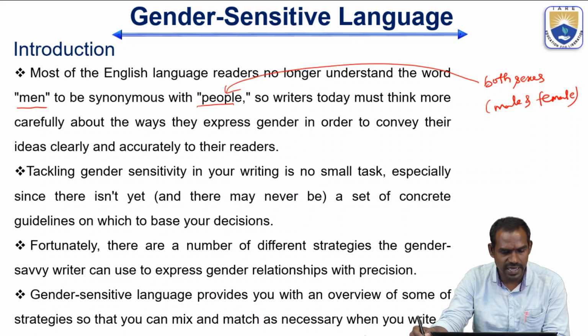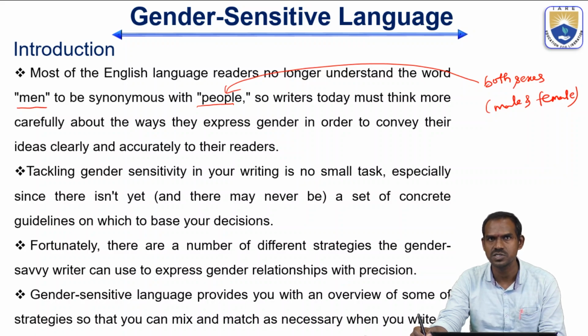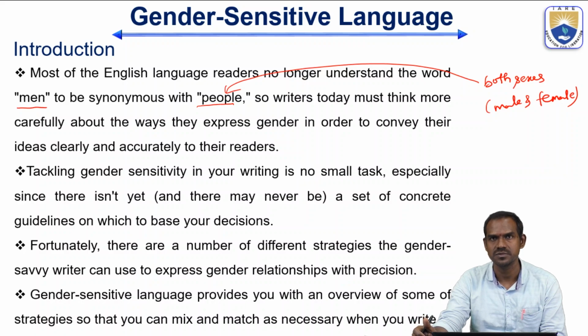Tackling gender sensitivity in your writing is no small task, especially since there is not yet, and there may never be, a set of concrete guidelines on which to base your decisions. Fortunately, there are a number of different strategies the gender savvy writer can use to express gender relationships with precision.